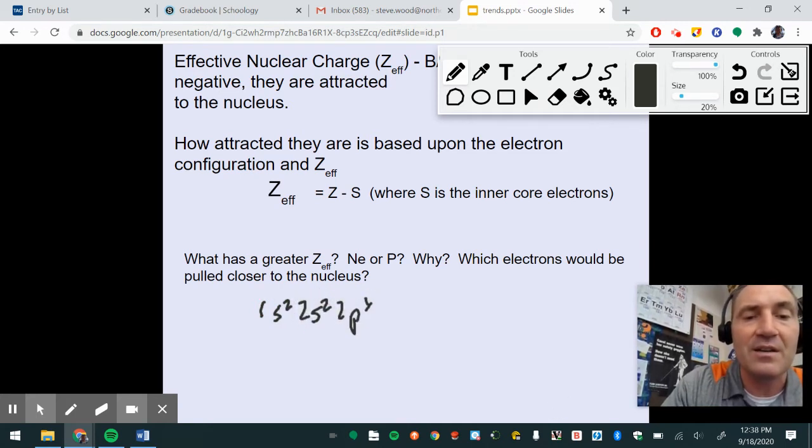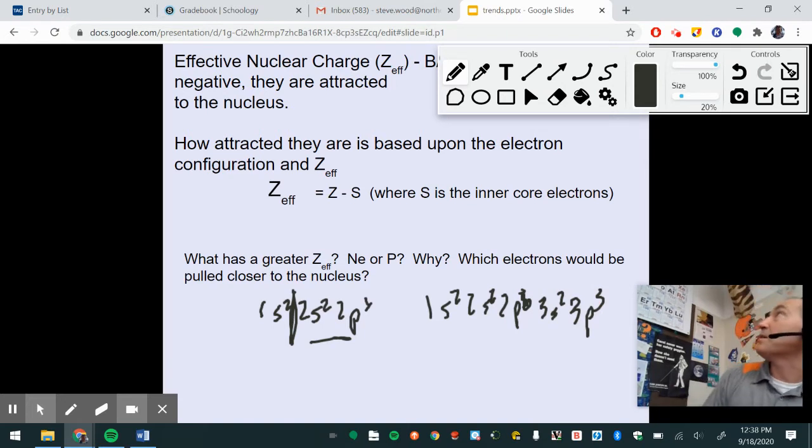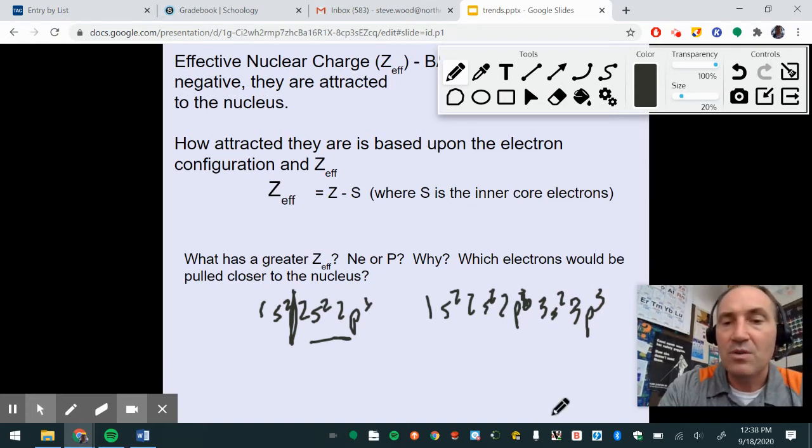That's neon. These are the core, and these are the valence right here. And then we have phosphorus, which looks like this: 1s2, 2s2, 2p6, 3s2, 3p3. I think it has 15 electrons. Yep. So these are your core.